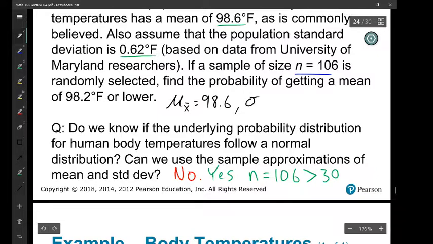And the standard deviation is the 0.62 divided by the square root of the sample size.